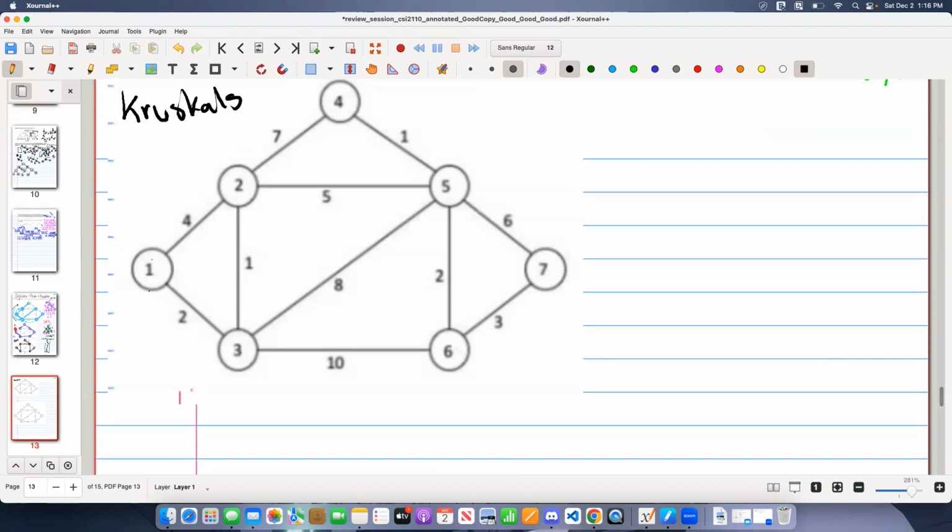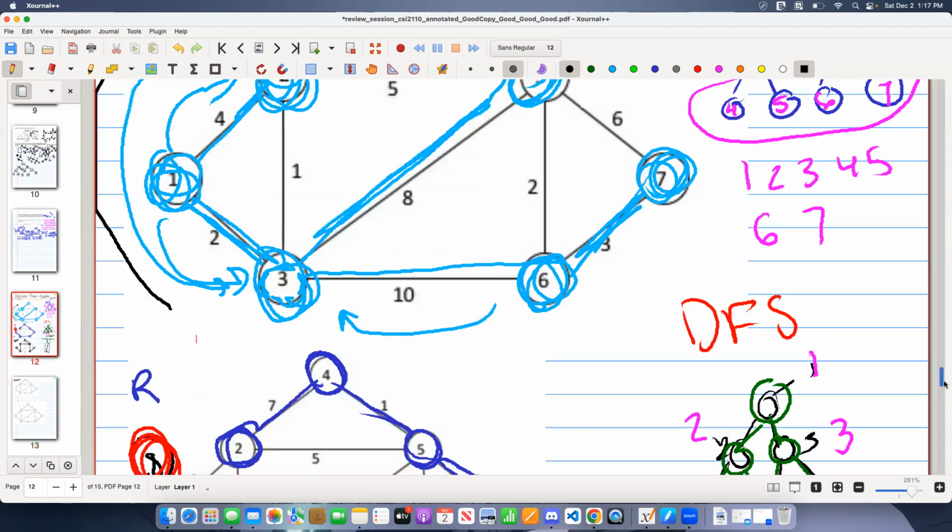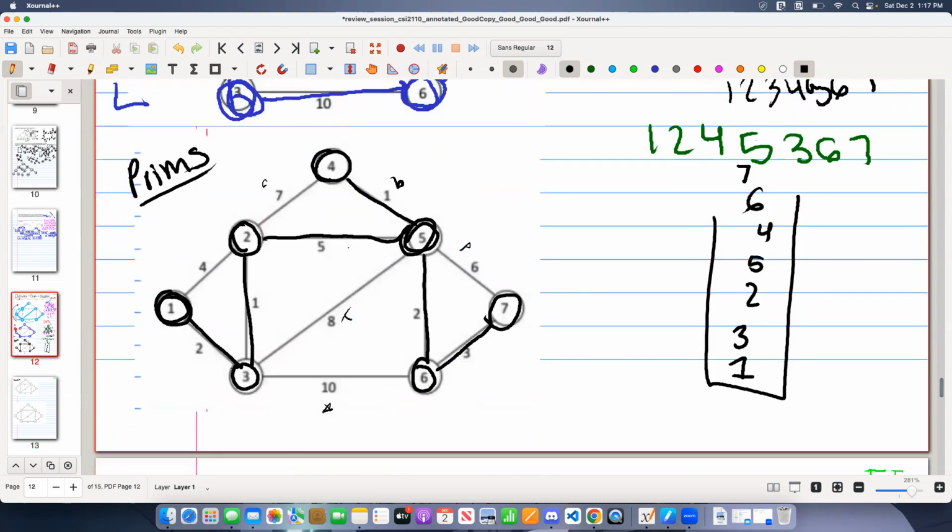So in terms of Kruskal's, everything is in its own cloud. So you can take any node that you want from the graph. I forgot to mention, but with Prim's, the reason why we could only select from what we've already seen before, like when we were right here, we could only select what was attached to these nodes that we covered, is because it belongs in its own cloud.